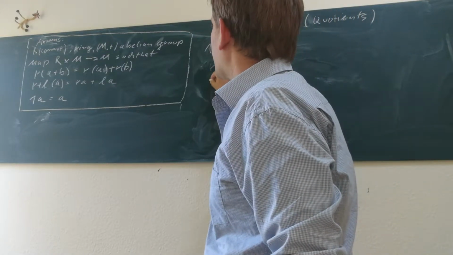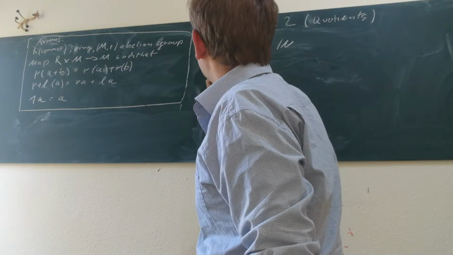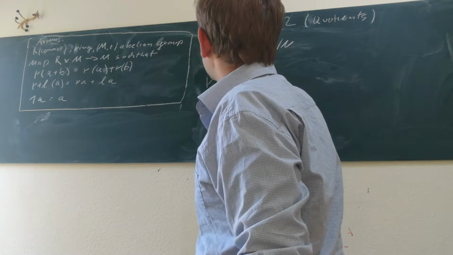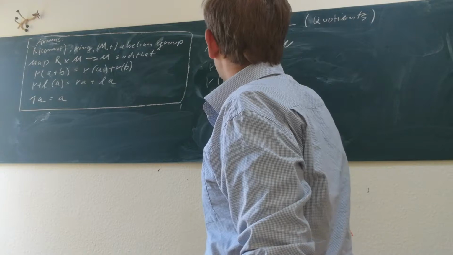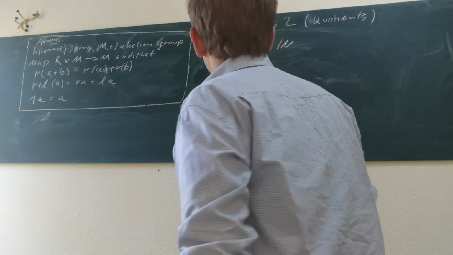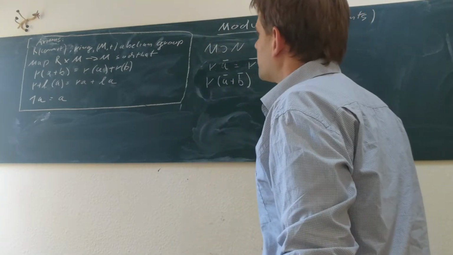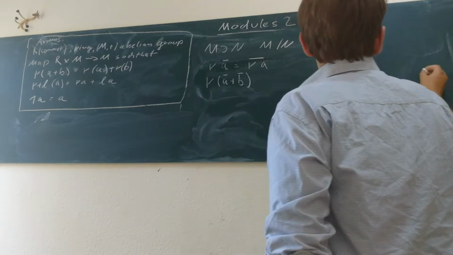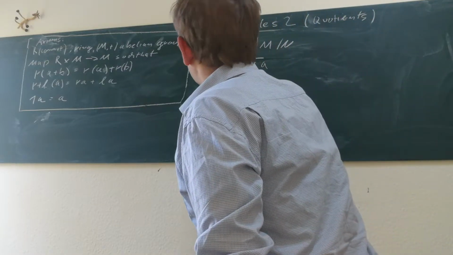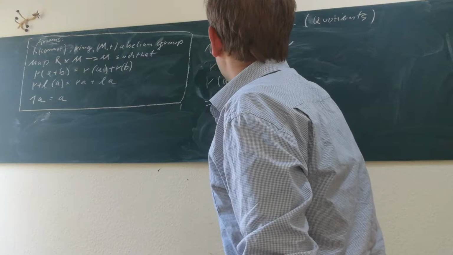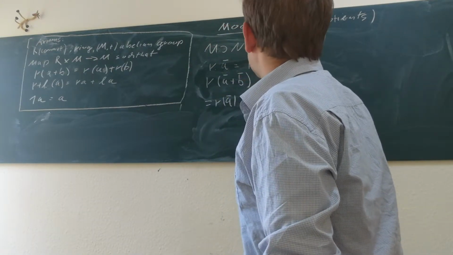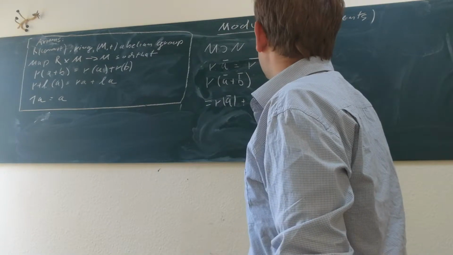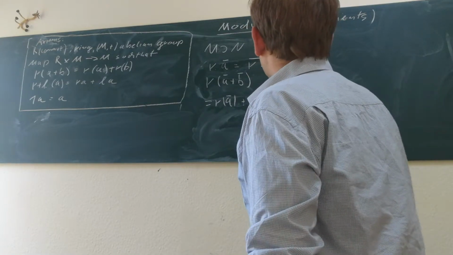So let's see, we have R times A bar plus B bar. And we want to say that this is the same as R times A bar plus R times B bar.